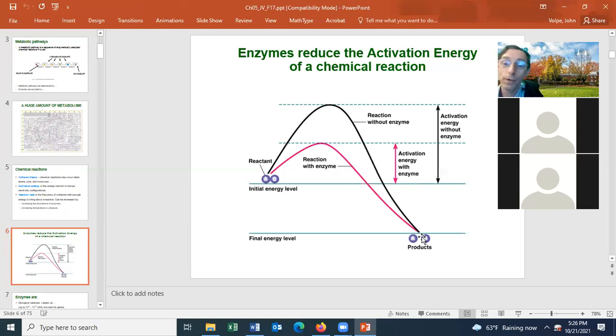No, your cells don't have more energy, because the energy you need to, well, that's not true. The energy you need to break down glucose into carbon dioxide and water, what you would need to do is take a blowtorch to the glucose.